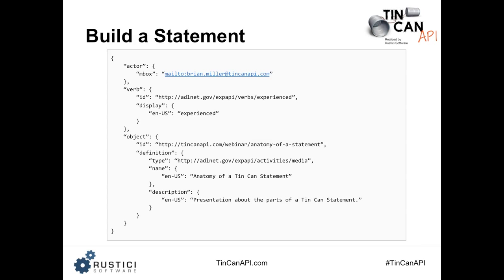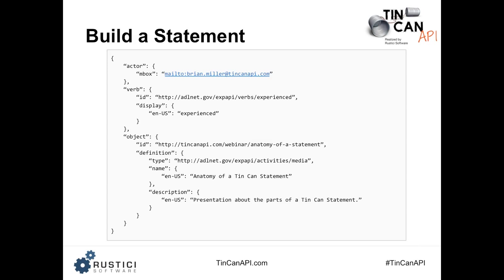So continuing building our statement, we now have an actor verb, and we show that I experienced, for instance, an activity that has an ID pointing to tinCanAPI.com webinar anatomy of a statement. So for instance, that could be the ID for this slide deck. Within that activity, we have a definition, and the type is media. ADL's media ID here.